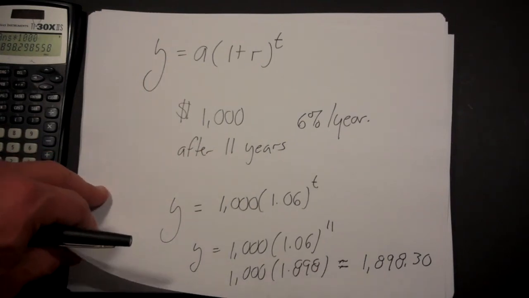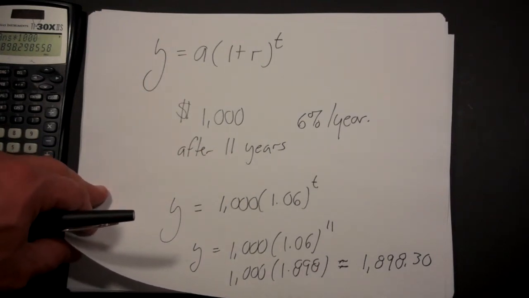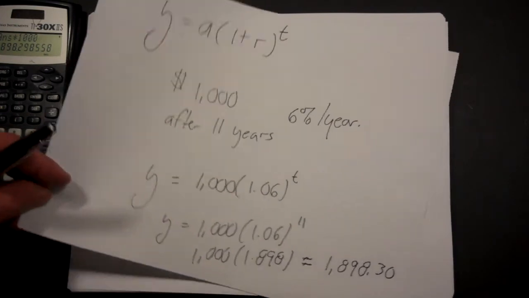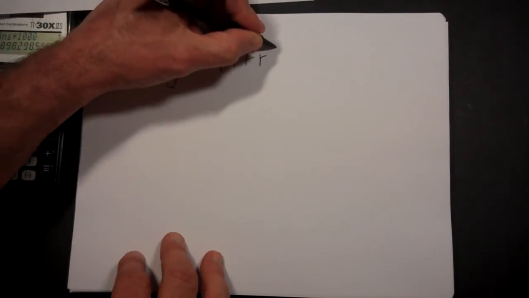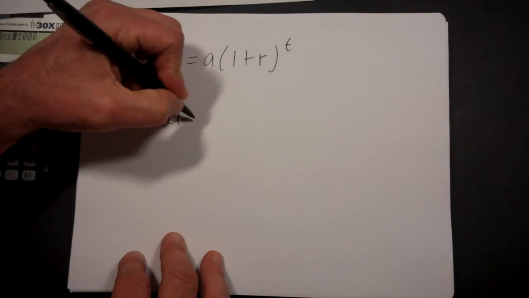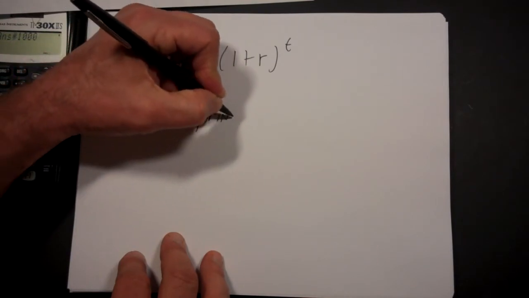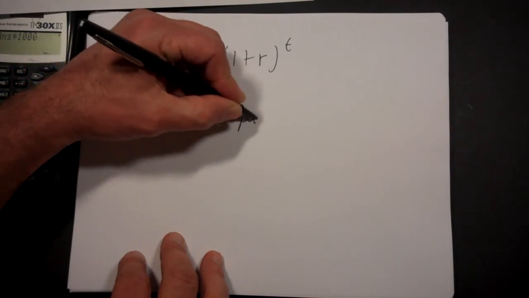Now that's a fairly simple compound interest problem. A slightly more complicated problem might be like this, but before we go on, let's identify some terms here. Here, A is often called the principal, because it's the amount that you start with.